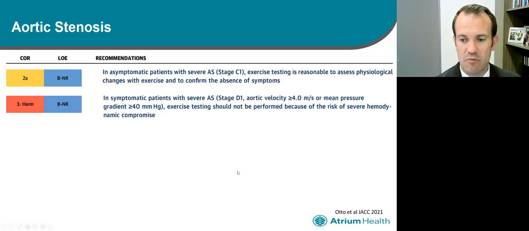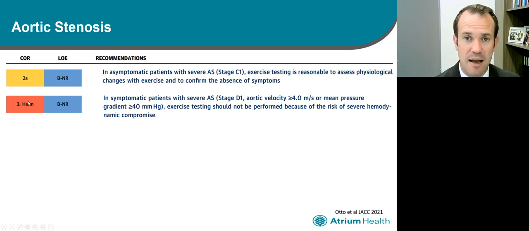As you know, there have been recent guidelines published in 2021 looking at the management of valve disease. And we can see that exercise testing in patients with asymptomatic severe AS has a 2A indication. But if the patient is symptomatic, this is a 3, can cause harm.